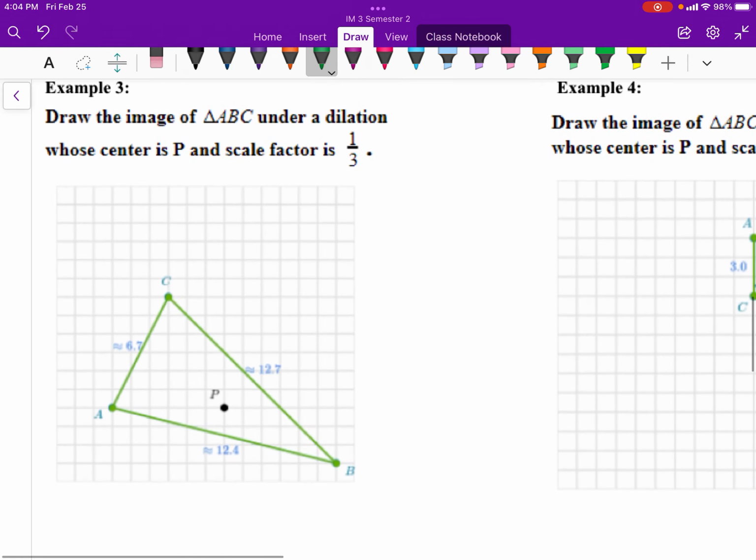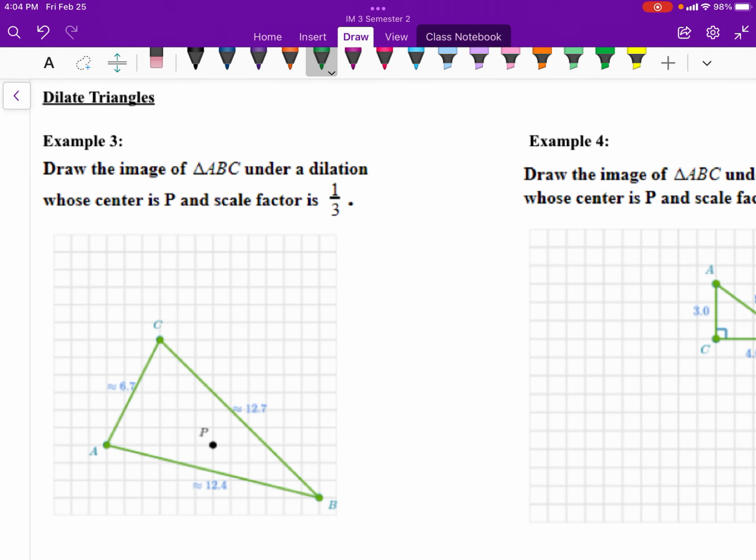Now, let's move on to this one here, guys, which is dilating an object. We want to dilate an image. It says, draw an image of triangle ABC under dilation whose center is P and scale factor is 1/3. Because our scale factor is 1/3, our shape is going to shrink.